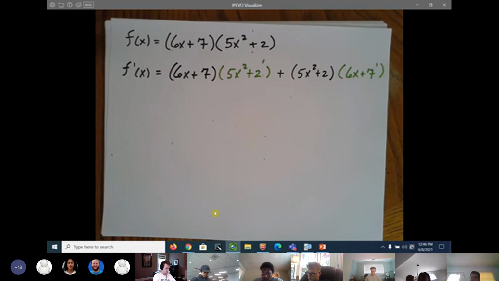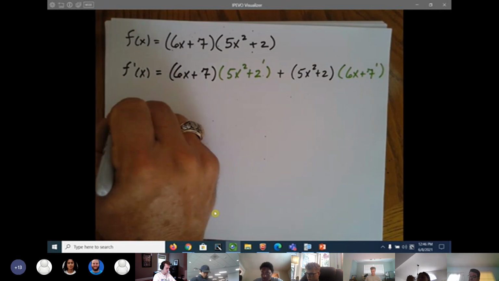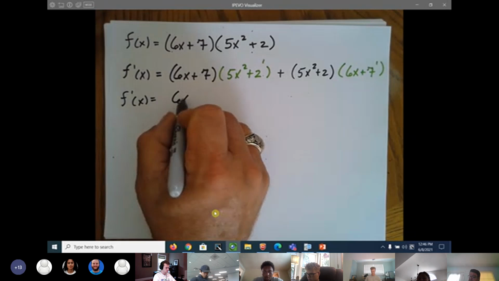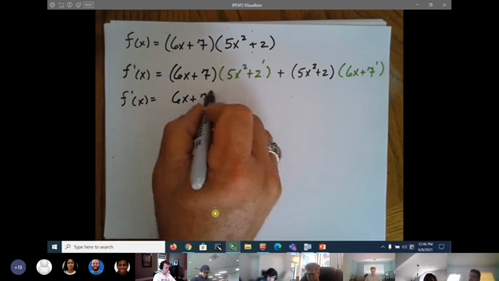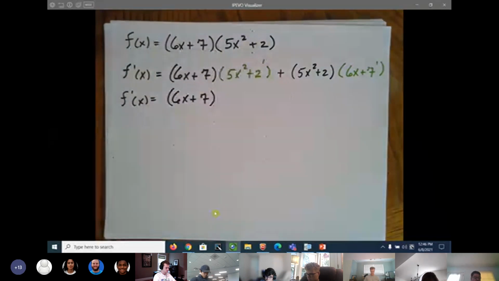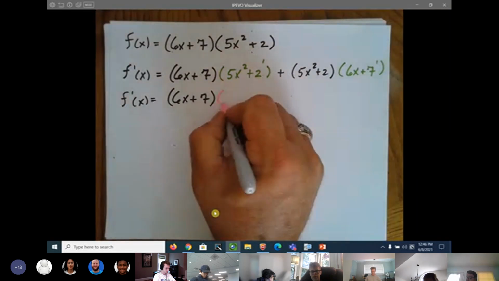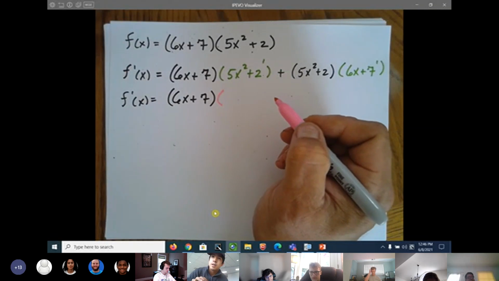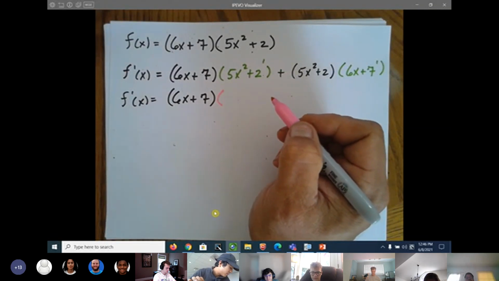So now we're going to drop down a line and rewrite. First times the derivative of the second. The derivative of 5x squared is what? 5. 10x. My bad.